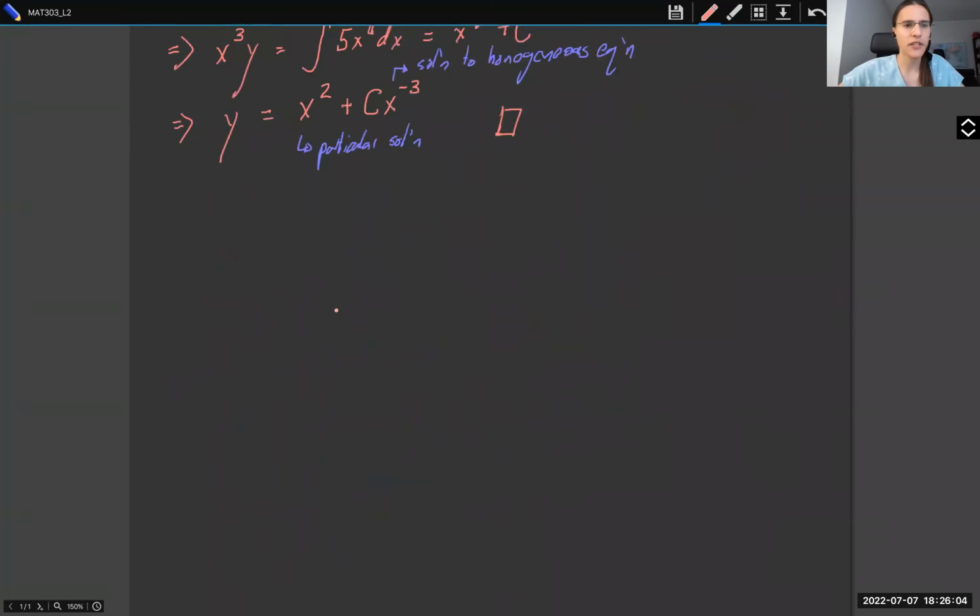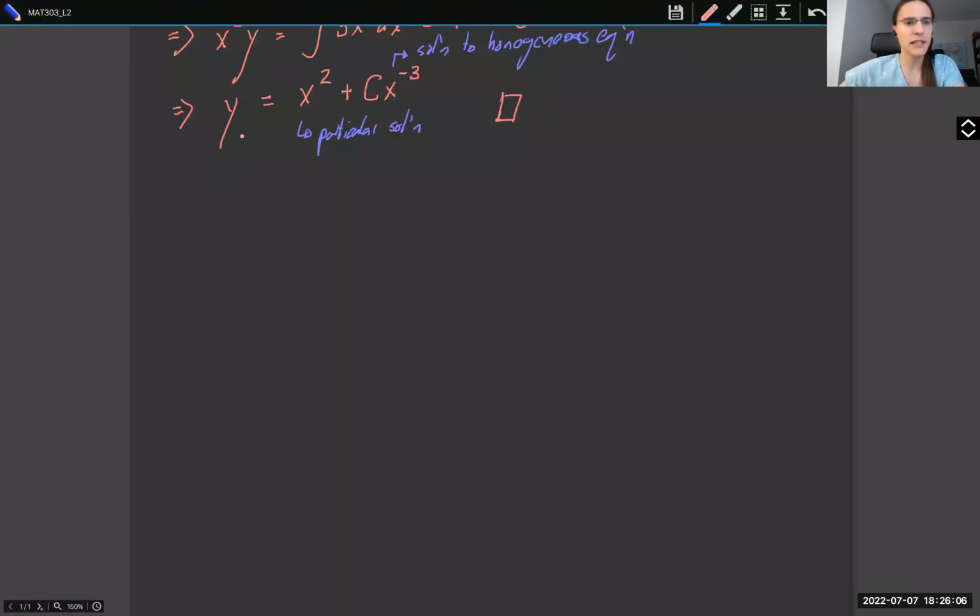Okay, let's do another example. So now let's consider the example y prime plus tan x times y is equal to cosine of x. Okay, so we are going to find an integrating factor again.